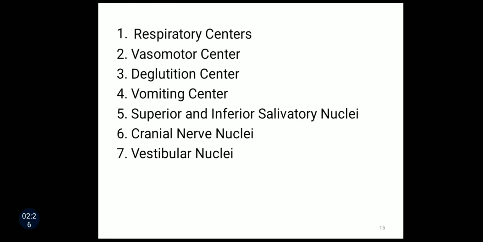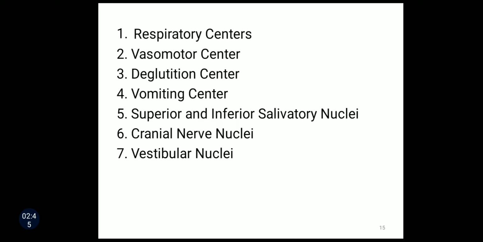Then the third center is the deglutition center. We have already studied about these centers. The deglutition center controls mainly the pharyngeal as well as the esophageal stage of deglutition. Fourth, the medulla oblongata also has the vomiting center.